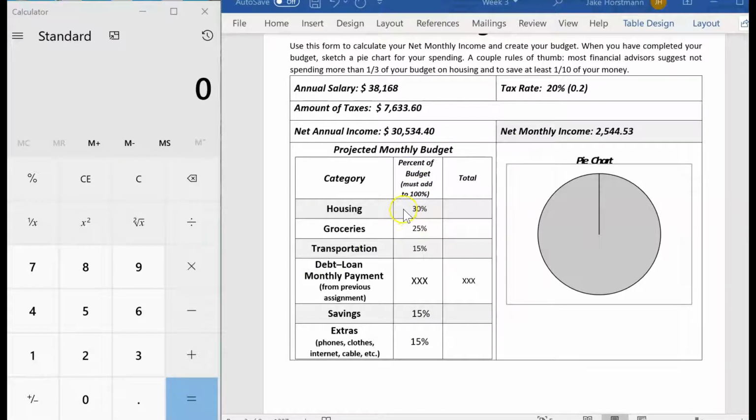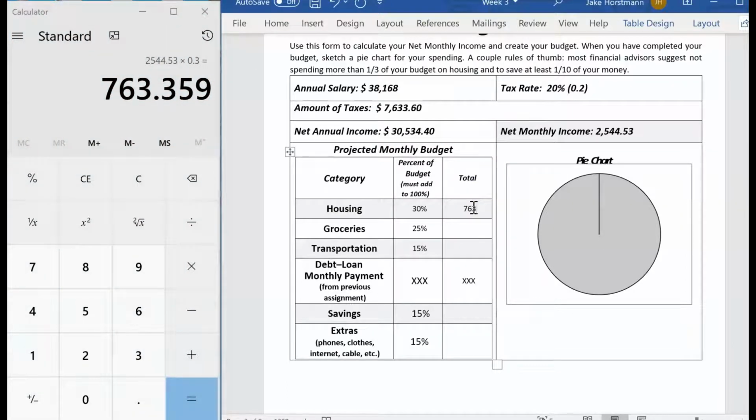So what I'm going to do is actually calculate how much 30% per month is from 2,544. So how do we do this? We type in 2544.53. And we're going to multiply it not by 30, but when you turn this into a decimal, it is 0.3. So we're going to multiply it by 0.3 equals, so that's my housing per month.